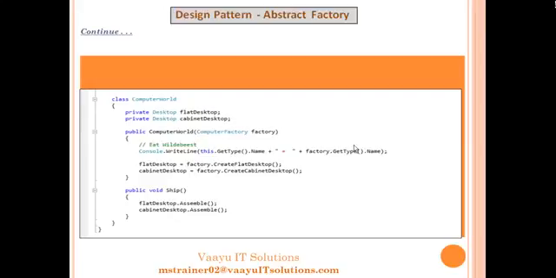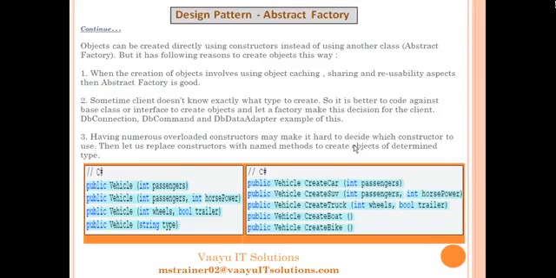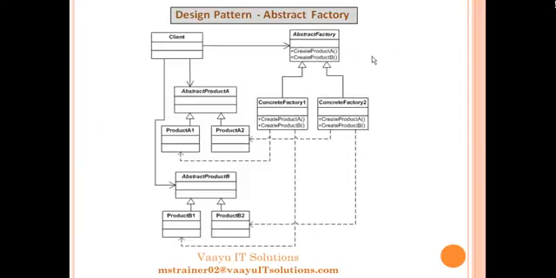This is our computer world class, which is the client class. We have the computer world constructor, to which we pass the computer factory, and it creates the desktop of the type you want to create, and finally it is shipped. So in this, the abstract factory was our computer factory class. The concrete factories were IBM computers and Dell computers. Create product A and create product B are create flat desktop and create cabinet desktop.